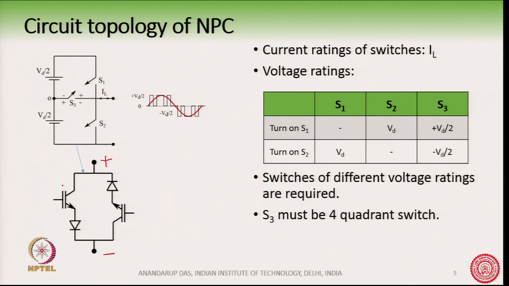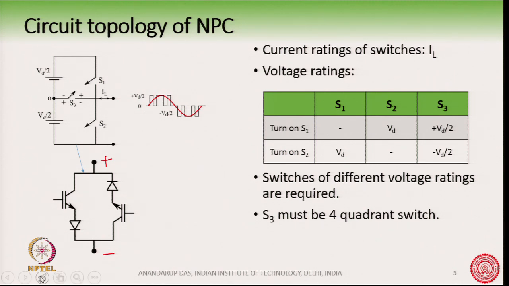Only when you have turned on this IGBT, the device will conduct if the current direction is like this. Okay. So, it can block the plus here and the minus here. Of course, the diode on this side will block this one here, right.